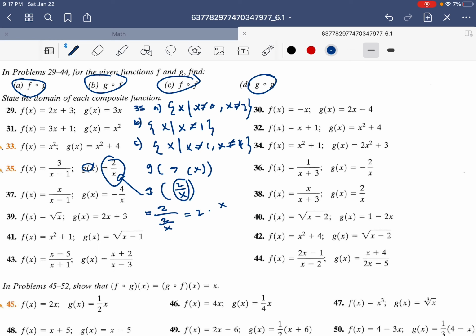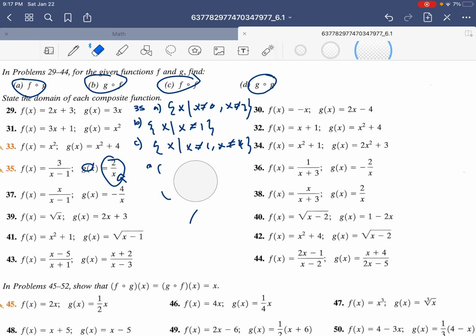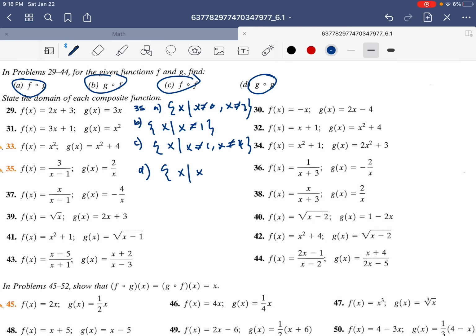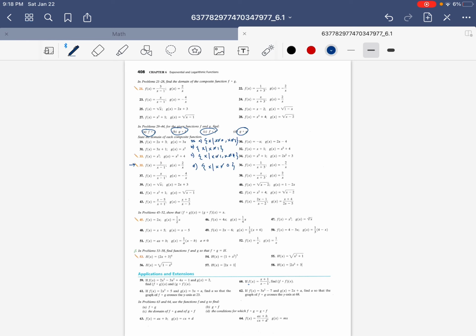So multiply by the reciprocal. Okay, but here you know that the bottom is x and x cannot equal 0. So for D, x cannot equal 0. Yeah, and that's how you do that.